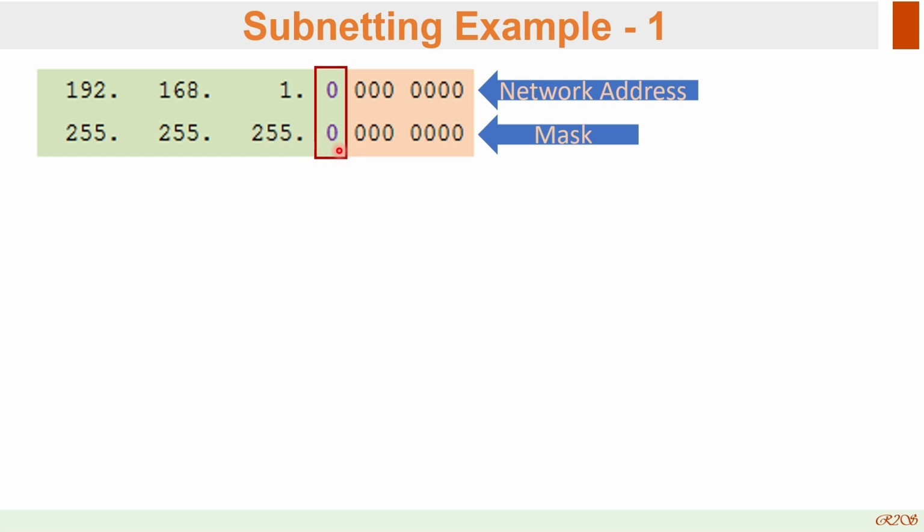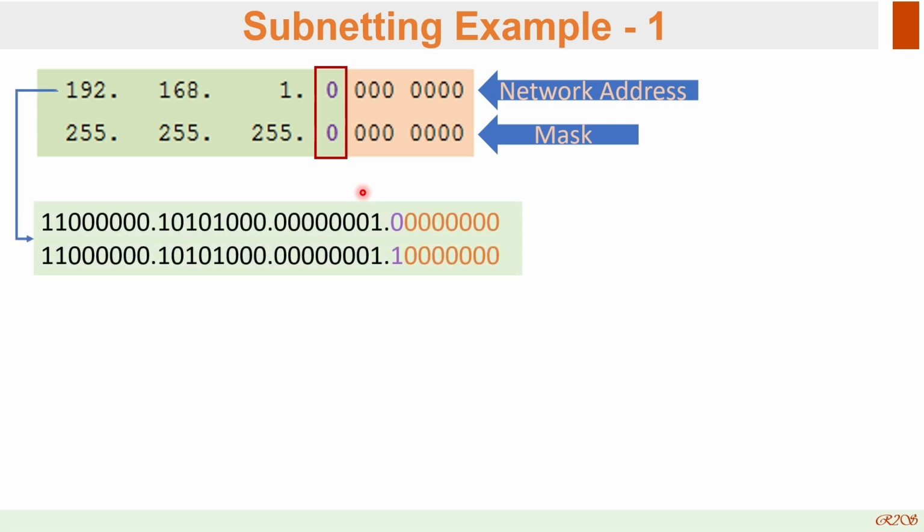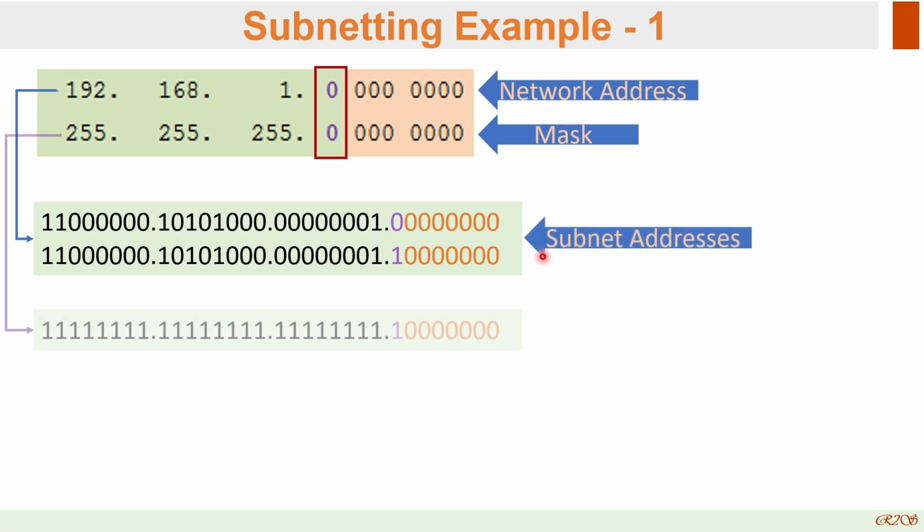But when we take 1 more bit for the network, our mask will also change. If we borrow 1 bit from the host bits, in binary we can use 0 or 1 for that bit, so we get 2 subnetworks.